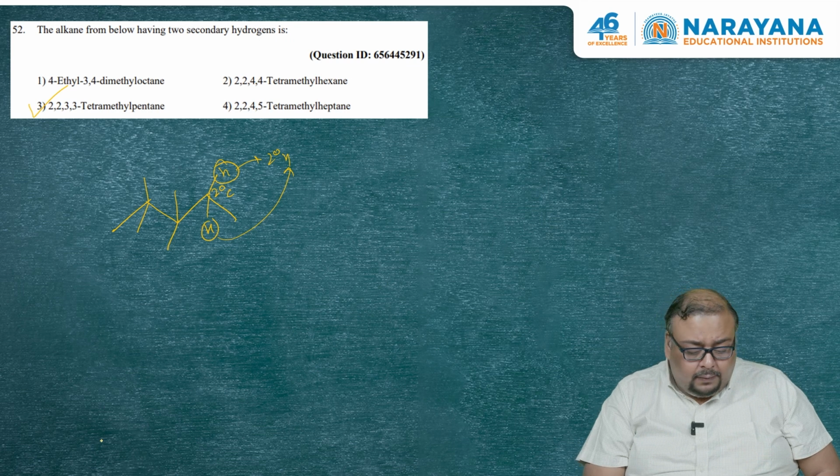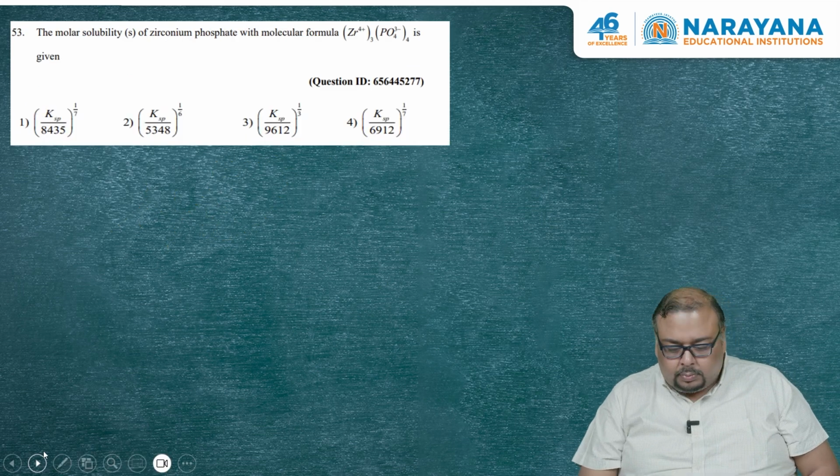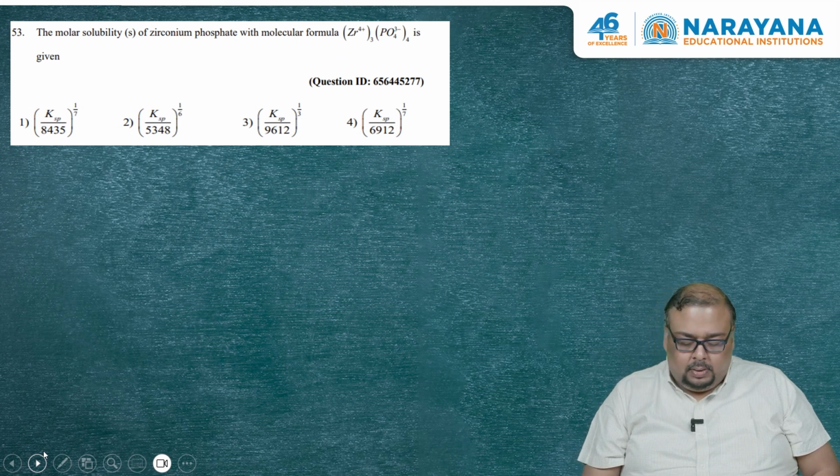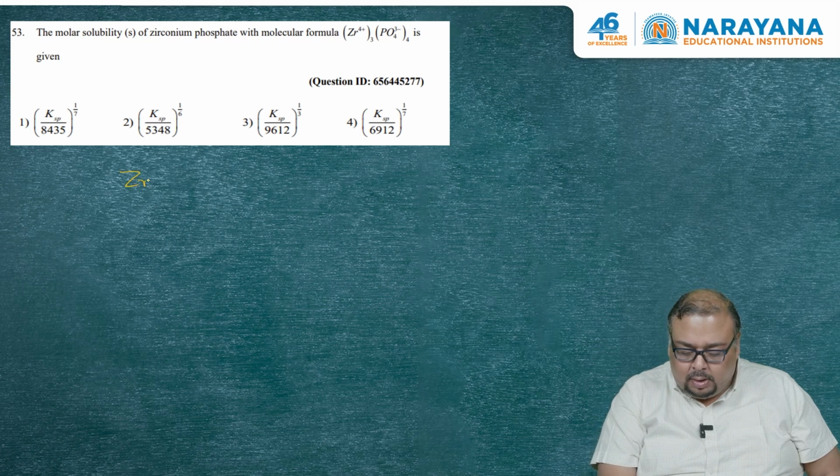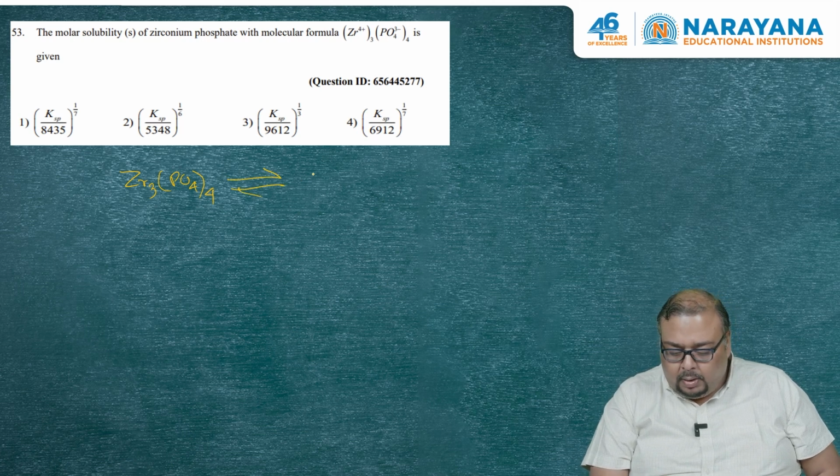Next is question number 53. The molar solubility of zirconium phosphate is given by. Now zirconium phosphate is Zr3(PO4)4, and this will dissociate in pure water to give 3Zr4+ and 4PO4 3-.